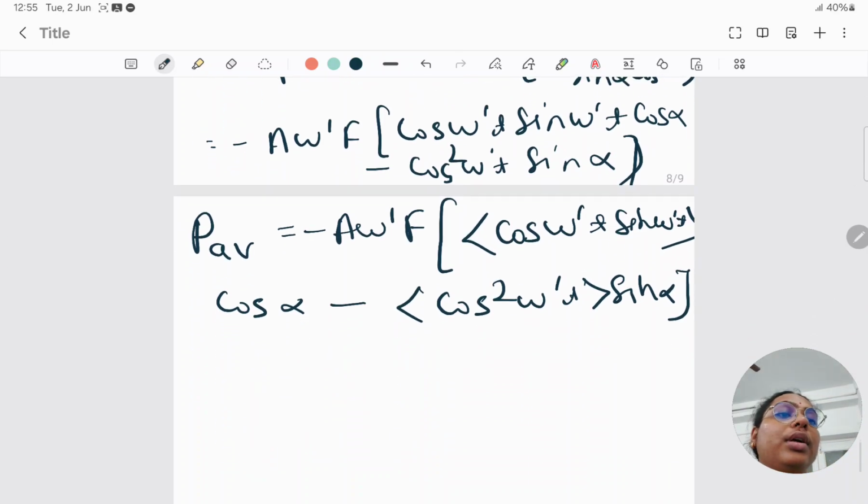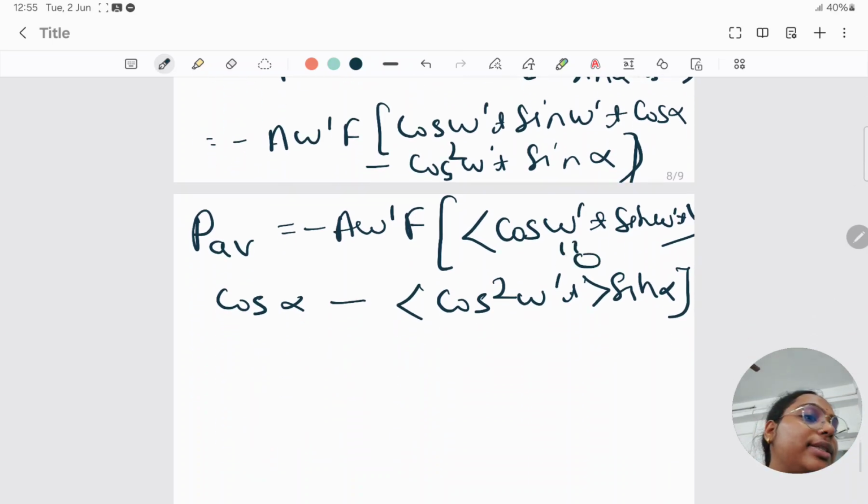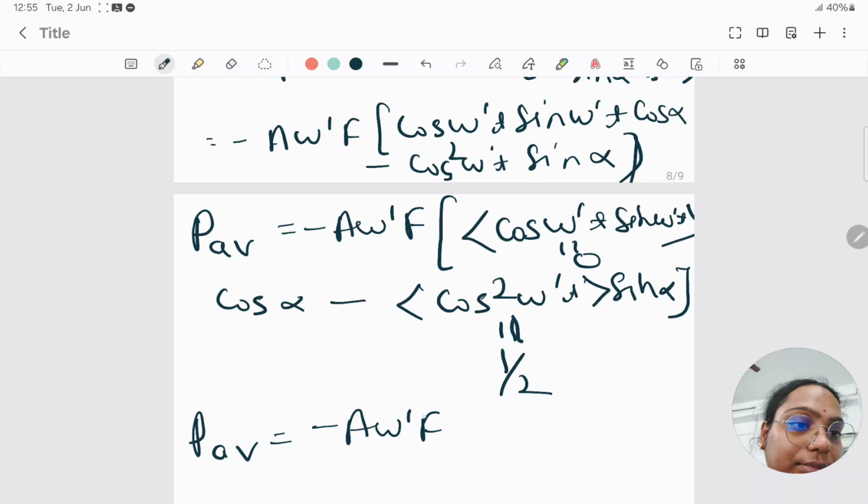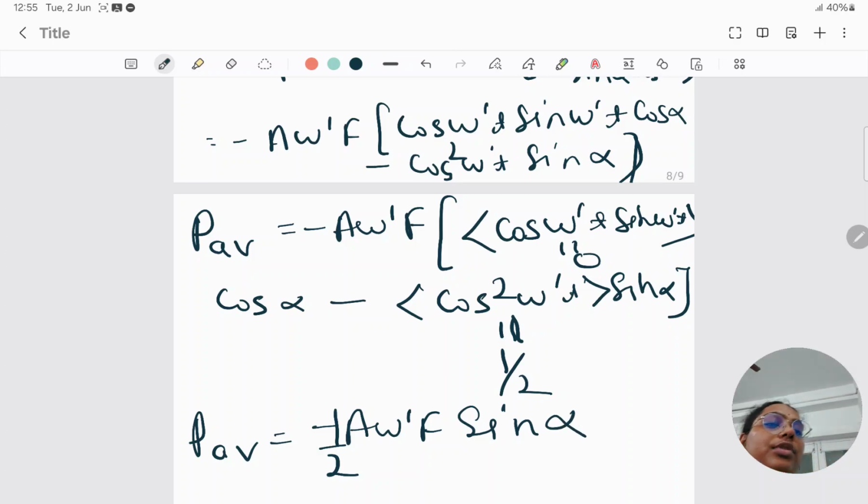Okay, so this average, if you calculate, this is your assignment, you show me in the next class how the average of cos omega dash t sin omega dash t will become 0. Okay, and the average of cos square will be half. So what you will get, P average is equal to minus a omega dash F by 2 sin alpha, because the first term will become 0. Okay, so P average you will get this.